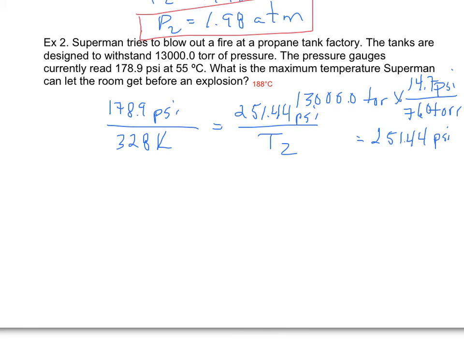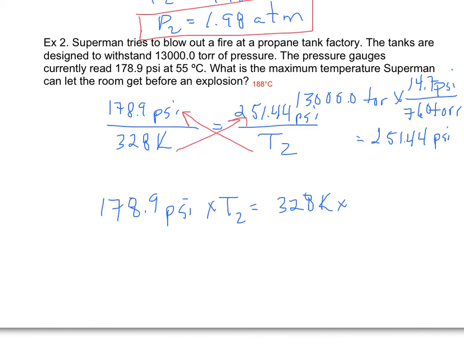To get T2 by itself, there's a couple of different math ways that you can do it. I like cross multiplying. Then to get T2 by itself, I divide both sides by 178.9.